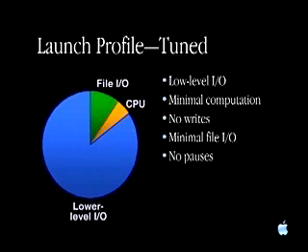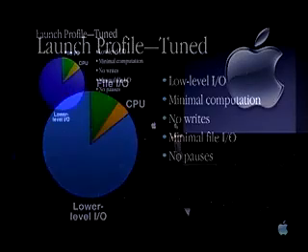We can optimize that into the largest chunks of I/O that we can do, and we can do them as efficiently as possible. Of course, the file I/O and the CPU are minimized in this case. If this were a warm launch, all that low-level I/O would go away. You might see some more compute cycles, but the profile is quite different for a warm launch.